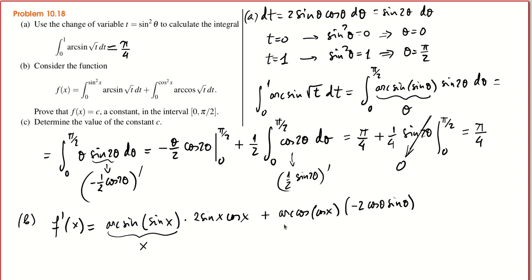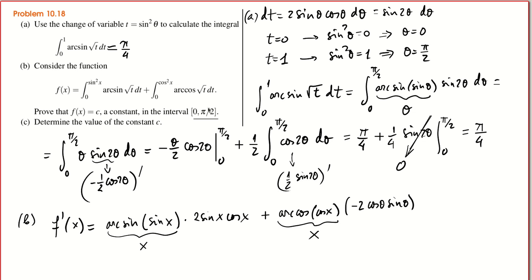this here is x. By the way, it is important that we are in this interval, because in both cases we have used that the square root of sine square is equal to the sine, and the square root of cosine square is equal to the cosine. And that is true because both the sine and cosine in this interval are positive numbers.